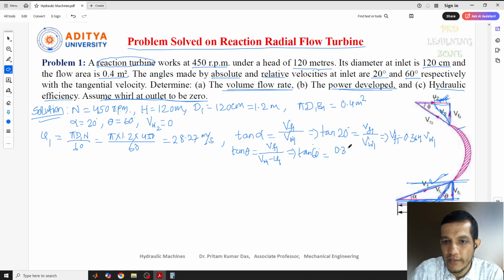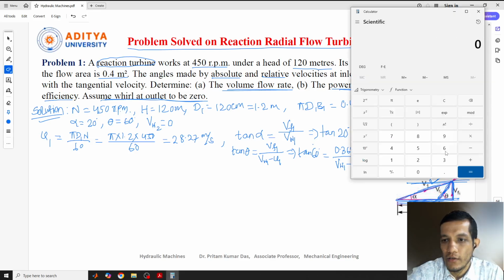So VF1 I'll write here, this is 0.364 VW1. With respect to the denominator, VW1 minus E1, the value is given. Yeah, we have calculated already, this is 28.27 meter per second. Now, what is the value of tan 60? Let's find out. Tan 60 is nothing but 1.732.